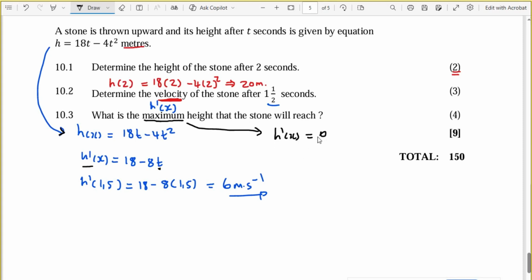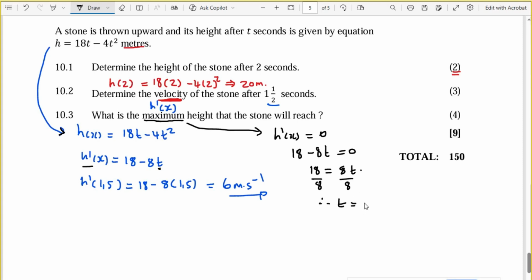We're going to use that time to find the height. We know that the derivative is 18 minus 8t. Equate that to 0 and solve for t. So 18 is equal to 8t. Divide both sides by 8. Therefore, t is equal to 9 over 4.